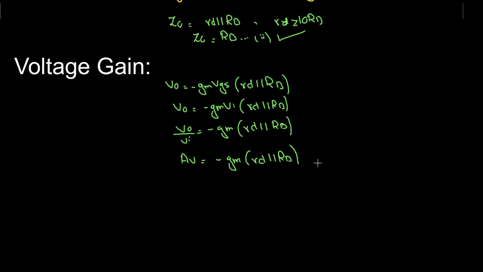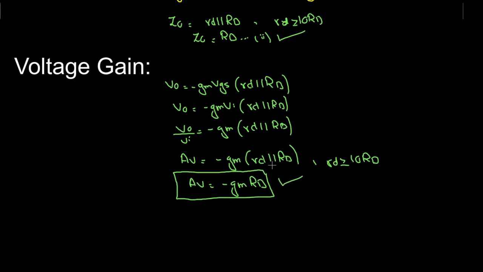Now in the case if we have rd greater than or equal to 10 RD, then again we are going to have this equivalent resistance equal to the RD. So I can write over here Av is equal to minus gm RD. So this is my voltage gain for the self-bias configuration.